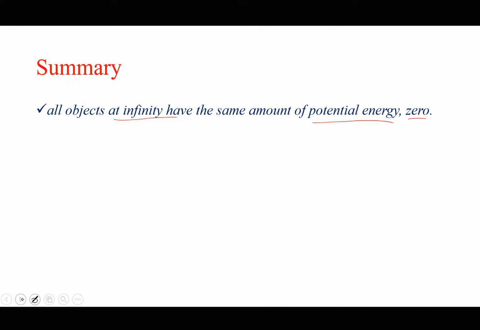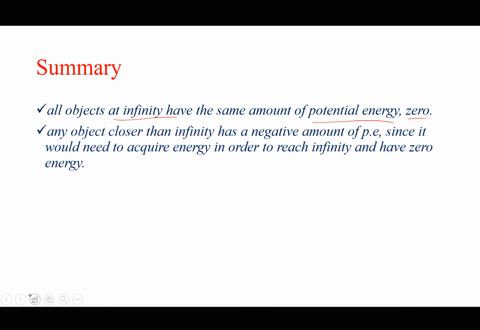If there is any object which is closer than infinity, then it has a negative amount of potential energy, since it would need to acquire energy in order to reach infinity and have 0 energy. Therefore, any object closer than infinity should have negative values.